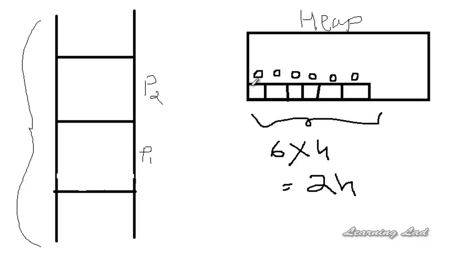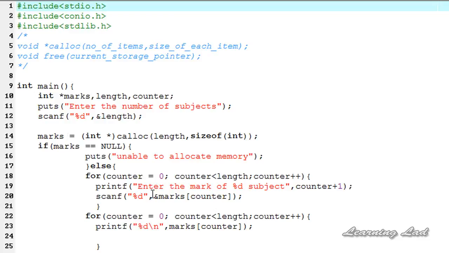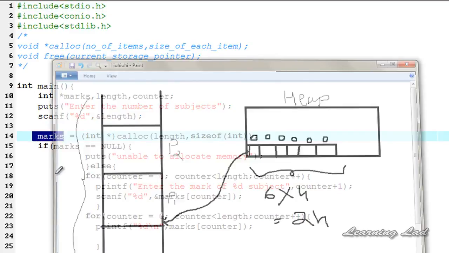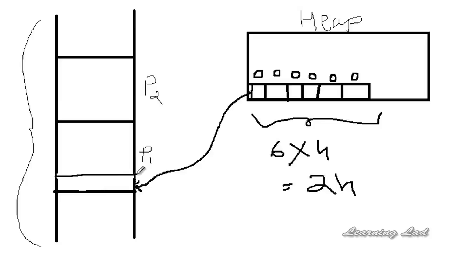Then it's gonna return the address of the first byte of the first block, and it's gonna store that address in our pointer marks. So this marks is gonna point to the first byte of the first block.